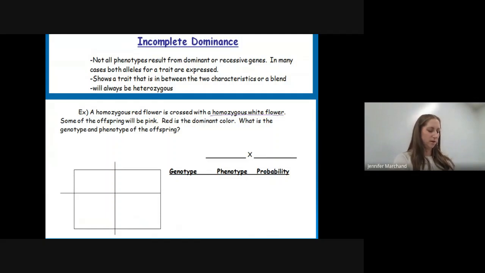And so you're going to have a big R, little r, a big R, little r, a big R, little r, a big R, little r. And that's going to give you 100% of them being pink because of the combination of them.